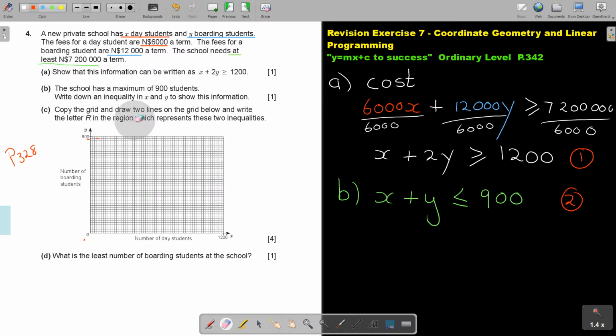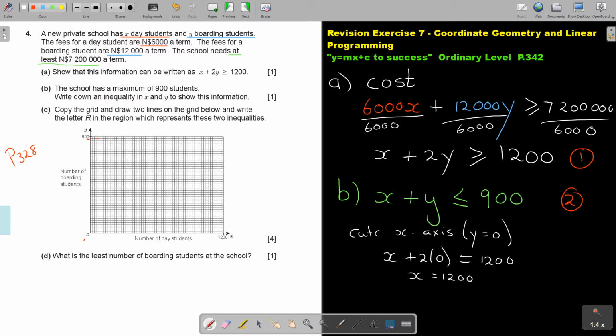And now say copy and draw the 2 lines on the grid. Now, if I want to draw this line, when it cuts the x-axis, make y equal to 0. And make it an equal sign because it's a straight line. Okay, let's just concentrate. So it's x plus 2 times 0, and that is 1,200. So it cuts the x-axis at 1,200.